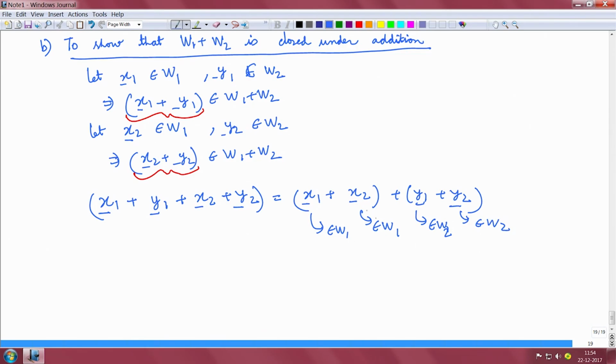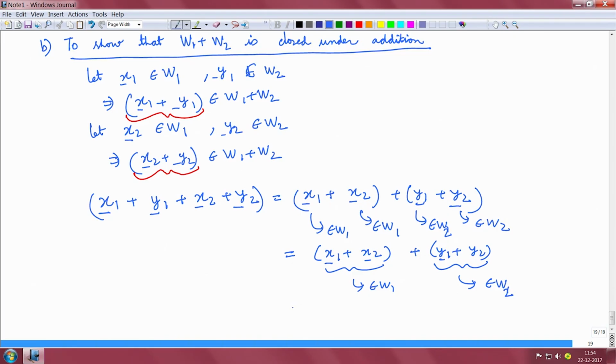So, the sum of x1 and x2 will also belong to W1, and the sum of y1 and y2 will belong to W2.